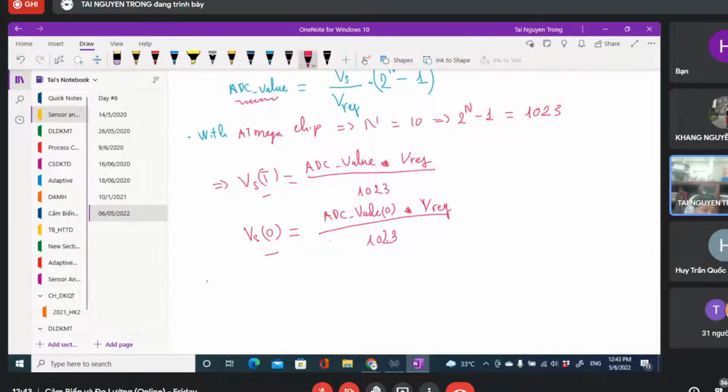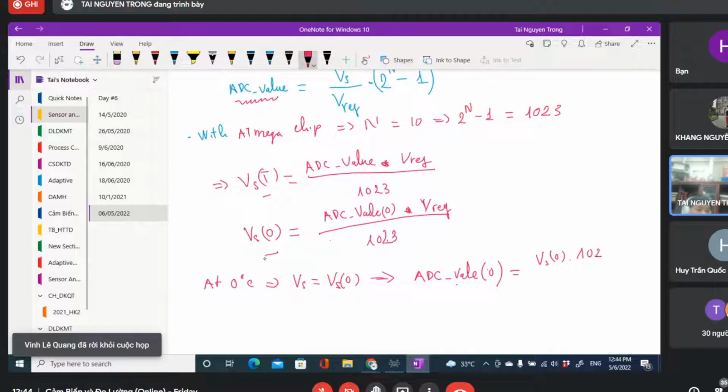At 0 Celsius degree, Vs equals Vs0, and the ADC value at 0 equals Vs0 multiplied by 1023 divided by V reference.